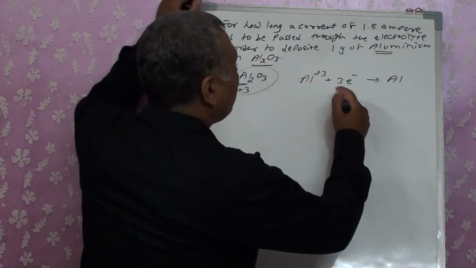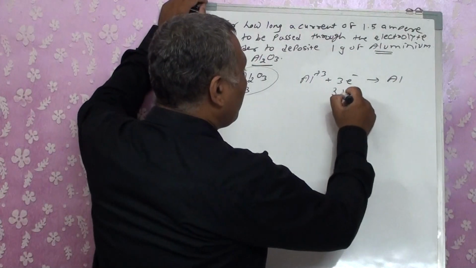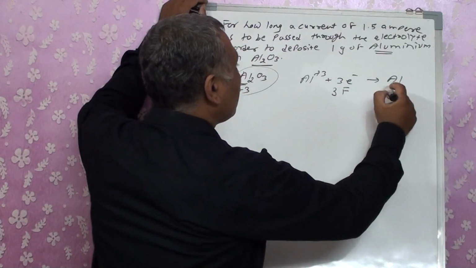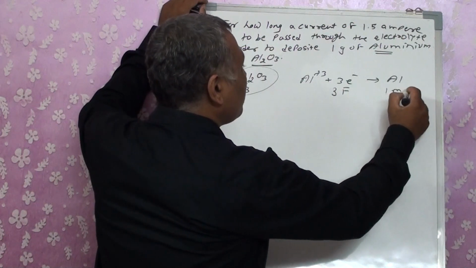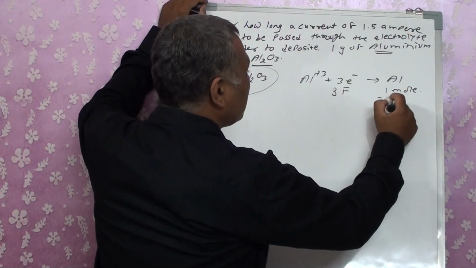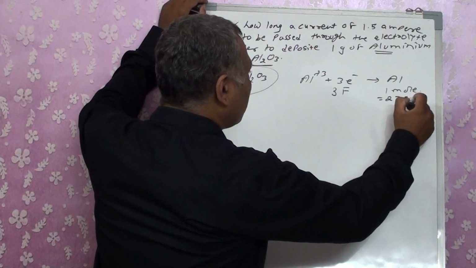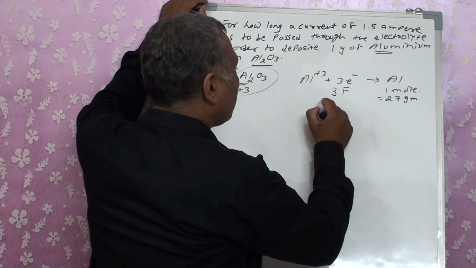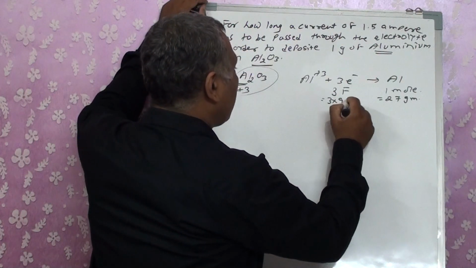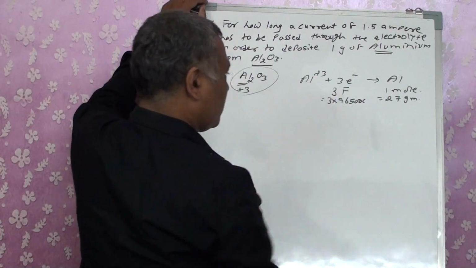Now this reaction shows me that if I allow 3 Faraday of current to be passed through it, it produces 1 mole, that is equal to 27 grams. And 3 Faraday means 3 into 96500 coulombs.